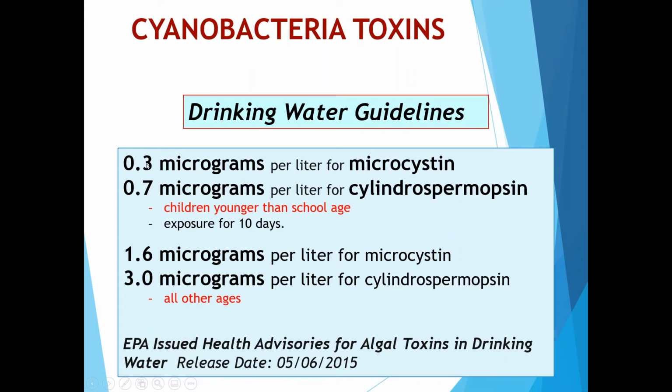So I prefer the more conservative 0.3 micrograms per liter, and 0.7 micrograms per liter for cylindrospermopsin. We don't often see high cylindrospermopsin hits. Microcystin is definitely hit or miss, but about 85% of the time it's producing a toxin. It just depends on whether you can detect it or not.